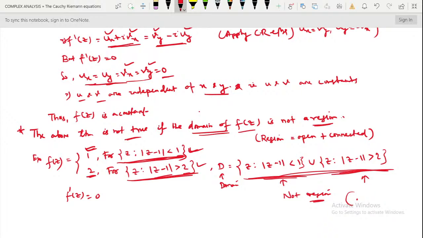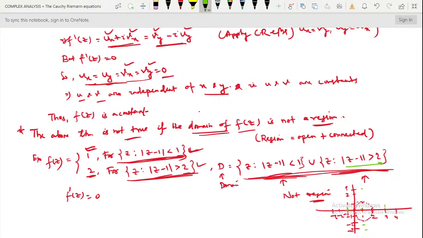Similarly, the second one is modulus of z minus 1 greater than 2. So 1 will be its center and 2 will be its radius. Here this is 3, and here this is also 3, and 2 is its radius, so it is just 2 units from its center.